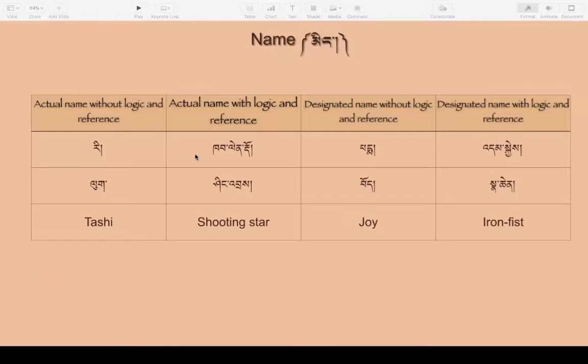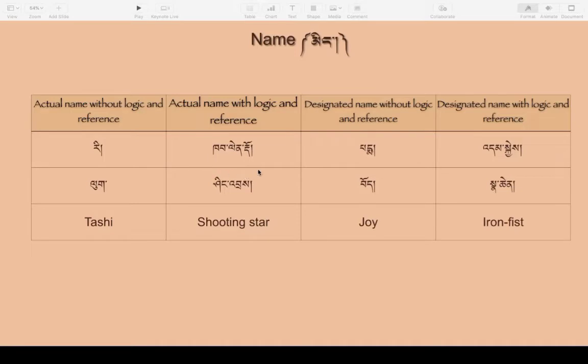Kablendo means a stone that is used to retrieve needles. So here we see that there is a logic and a certain type of reference that has been used, even though it is an actual name, because this refers to the magnet.